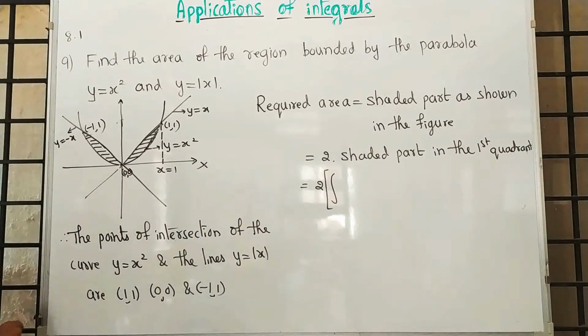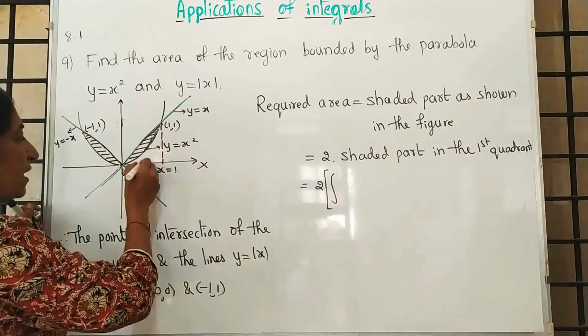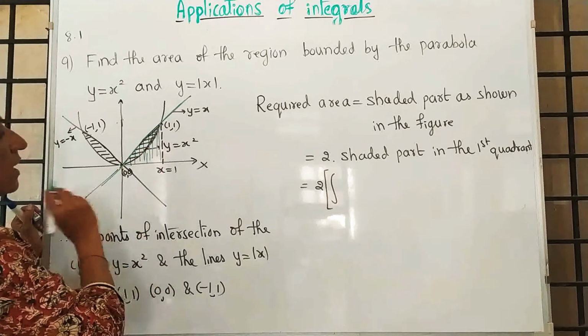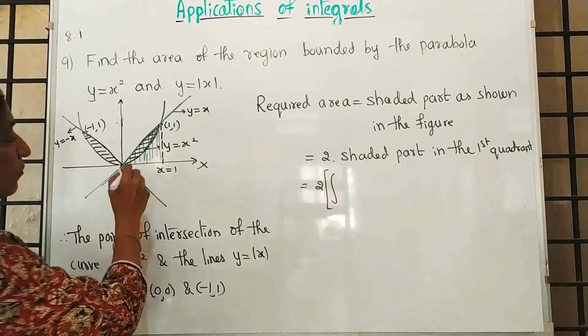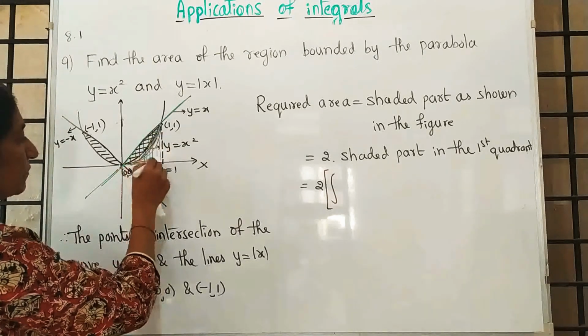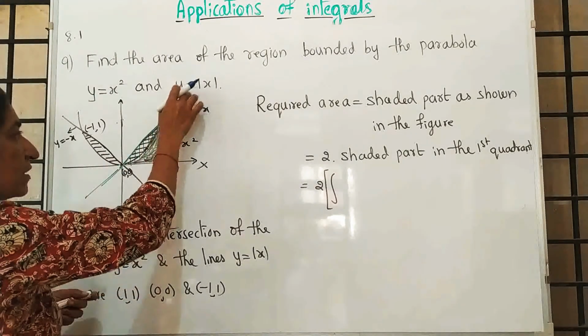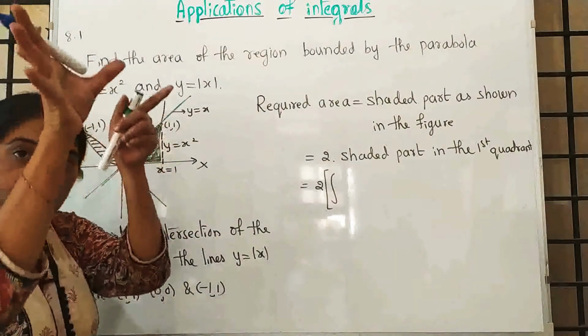See here, the area between this line and the x axis gives you complete area, correct, and the area between the curve and the x axis gives you only this part. That means line minus curve gives you required area and it is in between the same limit.